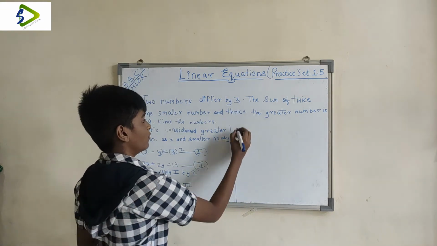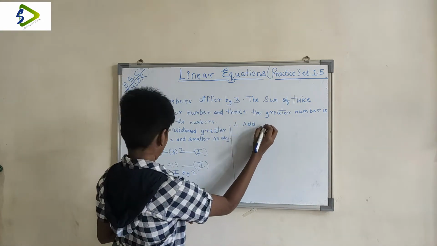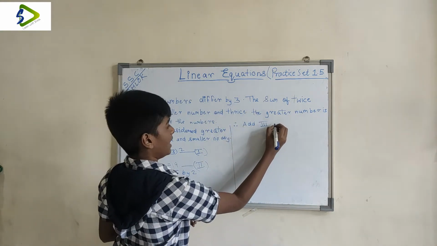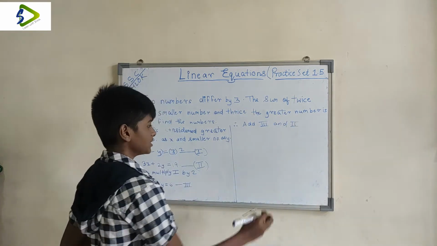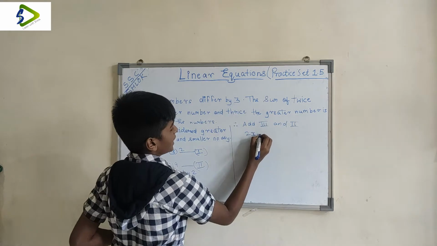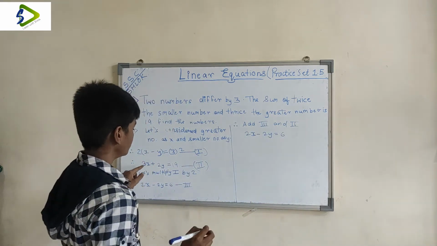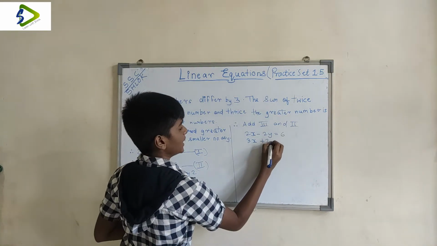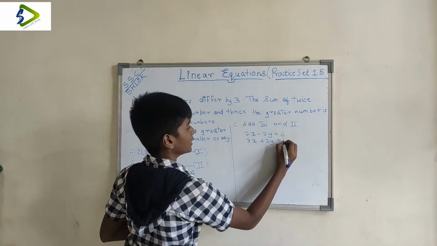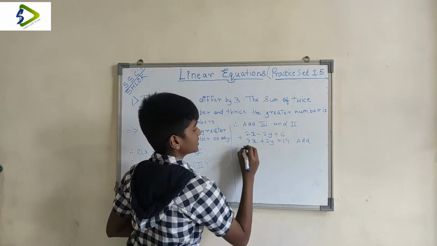Now we can add the equations, so let's add equation 3 and equation 2. Equation 3 was 2x minus 2y is equal to 6, and equation 2 was 3x plus 2y is equal to 19. Now let's add both.